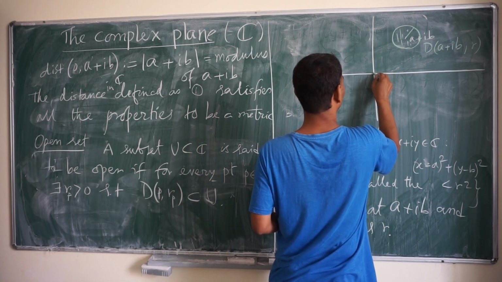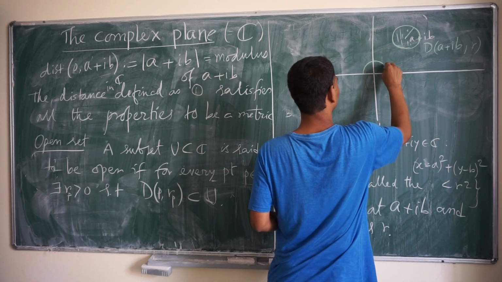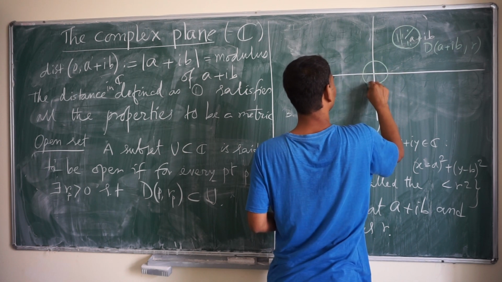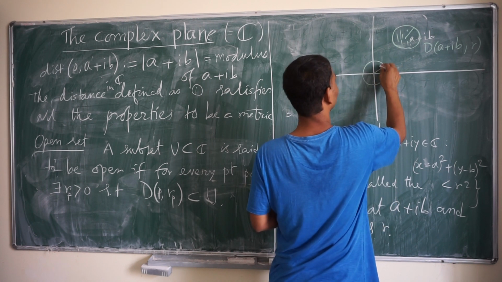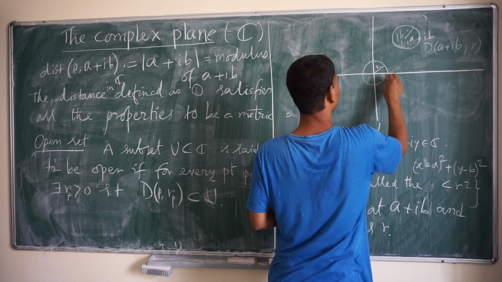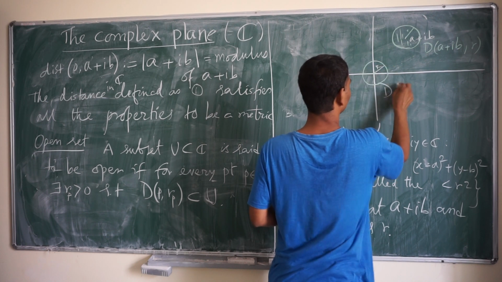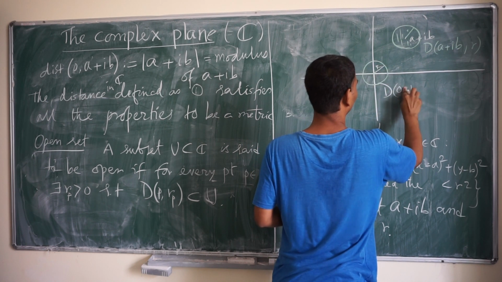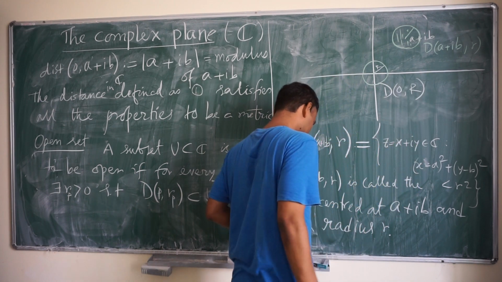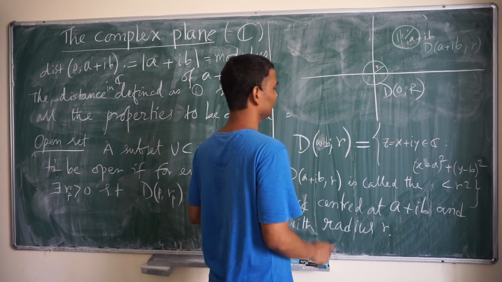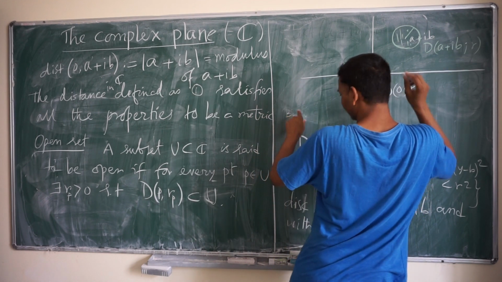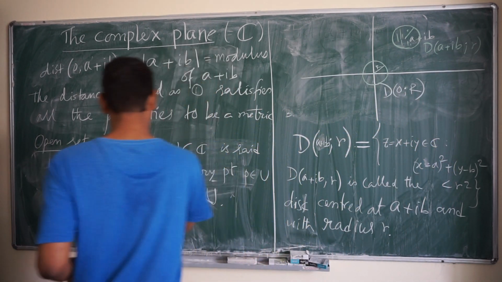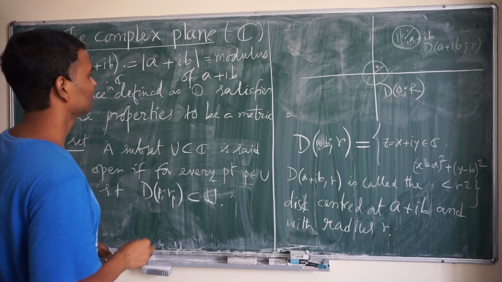Similarly, at the origin, this is D(0 : R). Let me fix the notation first: I'll use a colon, not a comma.